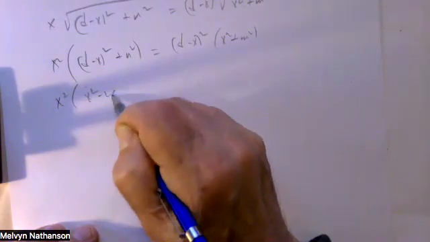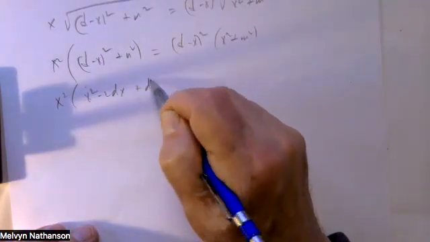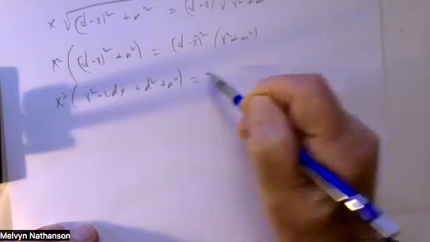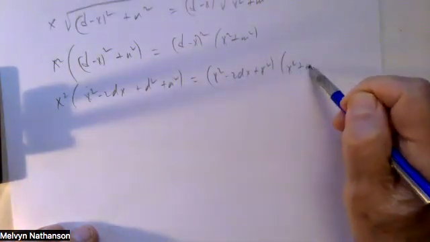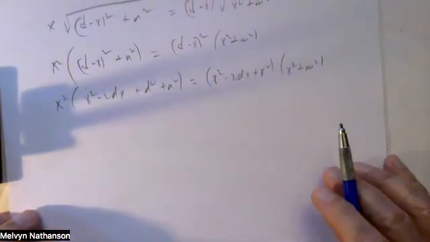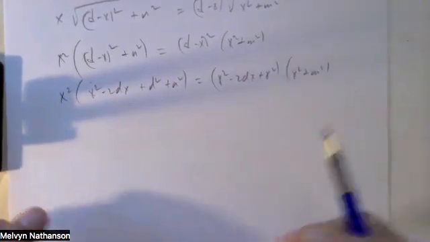This is x squared minus 2dx plus d squared plus n squared. And this is x squared minus 2dx plus x squared times x squared plus m squared. So that's an ugly looking equation, but let me see if I can solve it. Let me just multiply through.